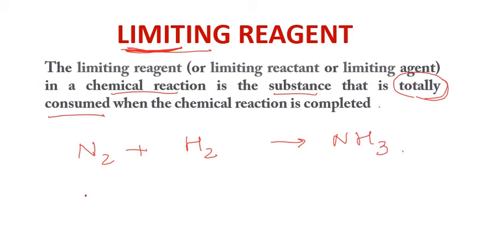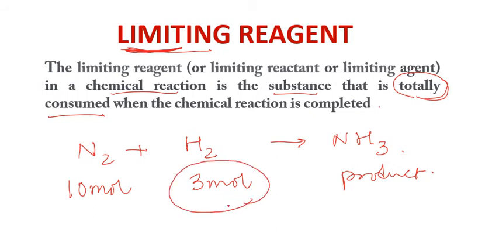We take 10 mole of nitrogen and 3 mole of hydrogen. What can possibly happen is we may run out of one particular reactant while forming the product, that is ammonia. Here, possibly we'll run out of hydrogen.